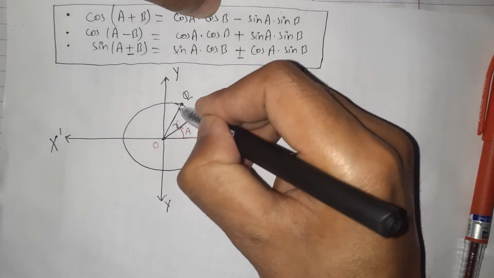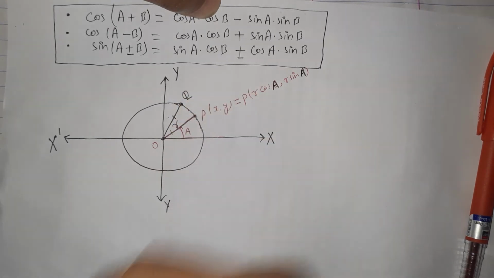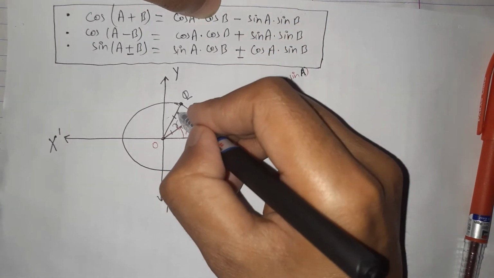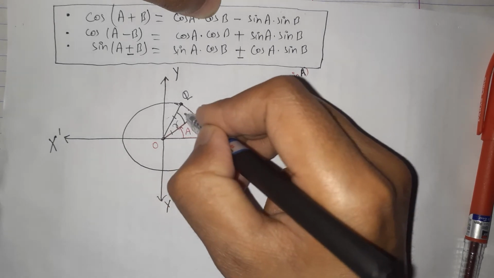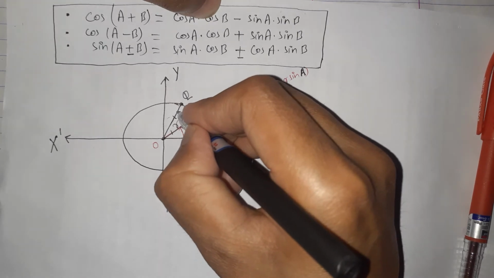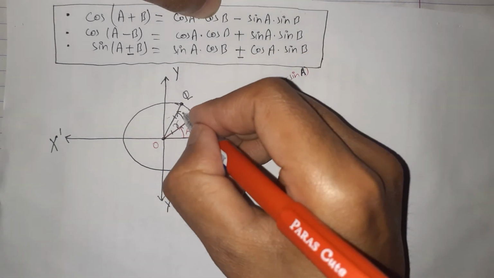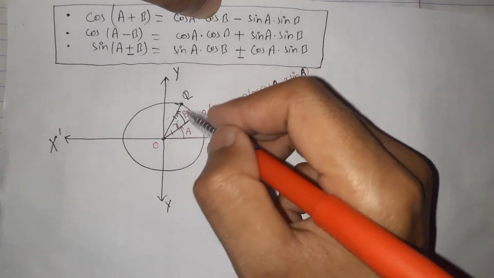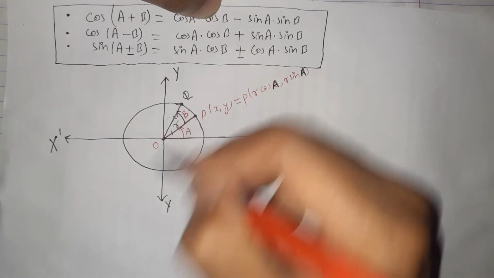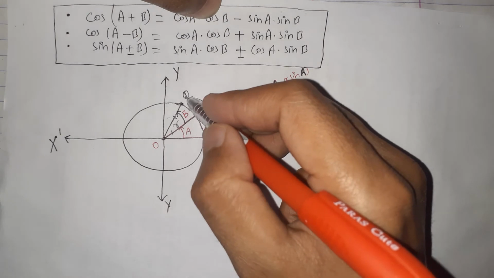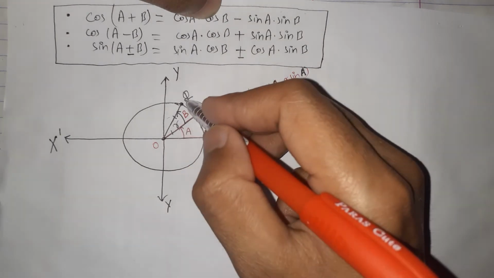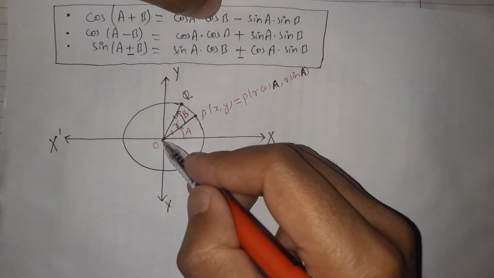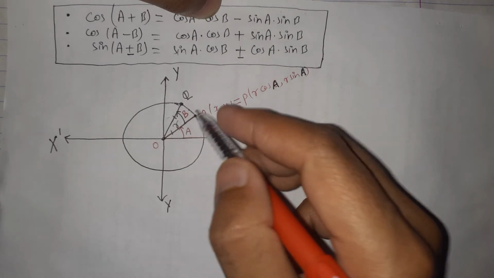This is the radius of the circle, this is also r units. The angle between OP and OQ is, let's say, angle B. The angle between the radial vector OP and OQ is B degrees, and the radial vector OQ makes an angle of A plus B with the positive x-axis.